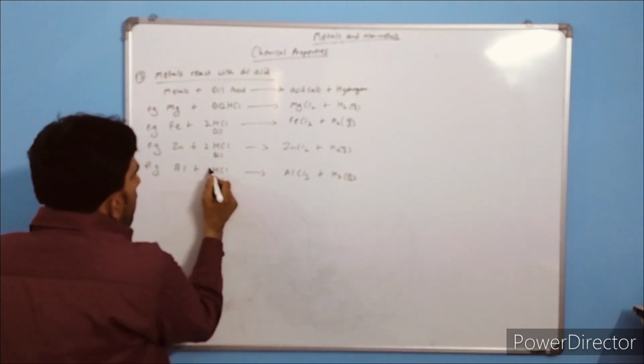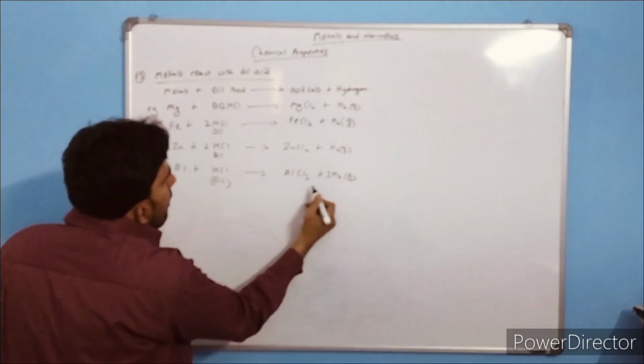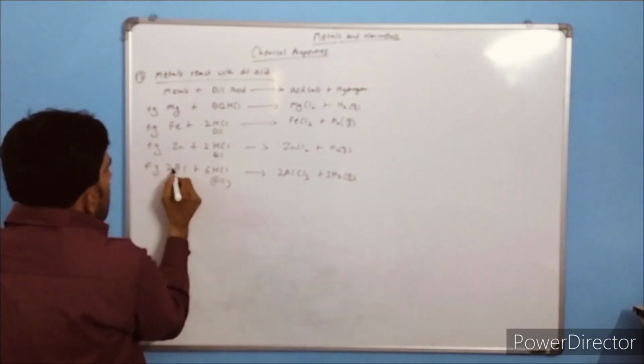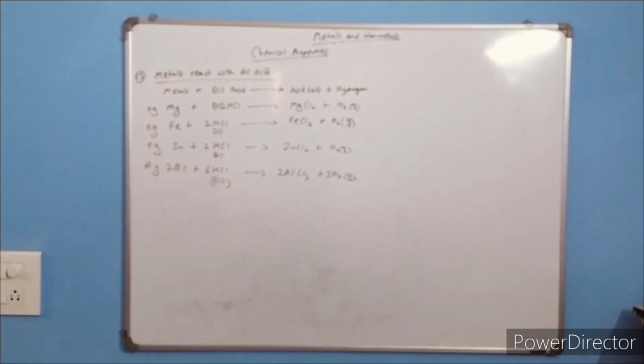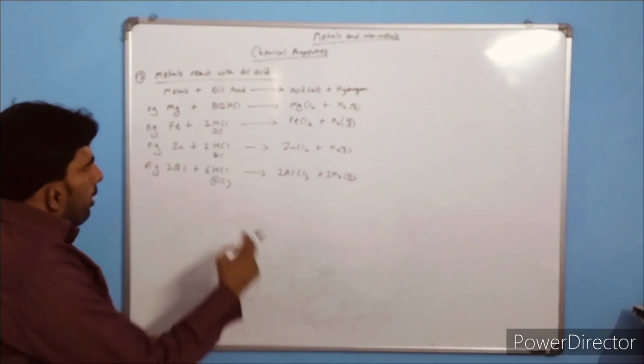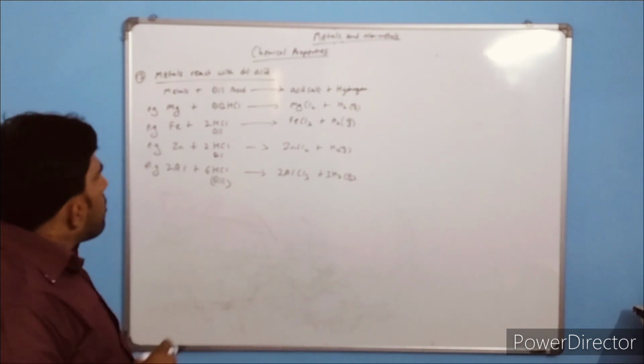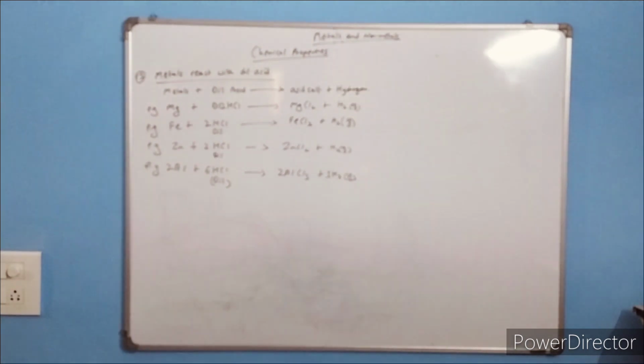I can take 2 here, 6, and 3 here. Now it's balanced. 2 aluminium atoms are there, hydrogen we have 6, chlorine we have 6. That is how they react with dilute HCl.